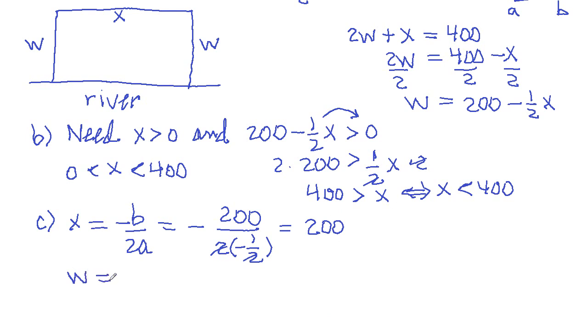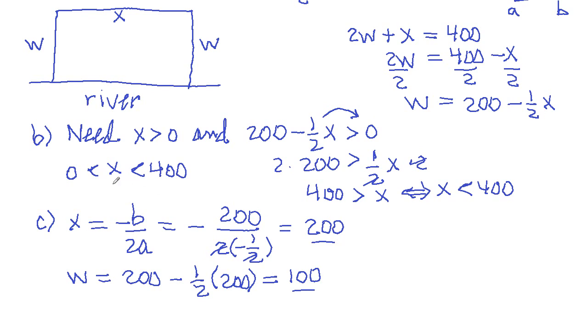And then your width is going to be 200 minus 1/2 x. So 200 minus 1/2 of 200. So that's going to be 200 minus 100, 100. So length is 200 and width is 100.